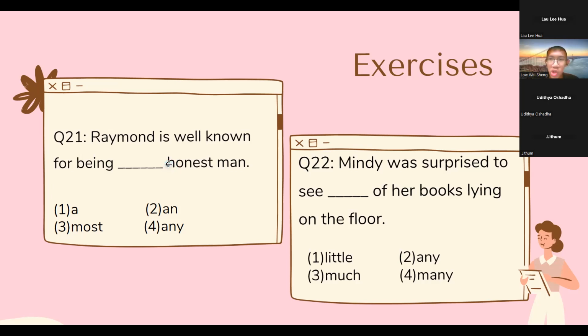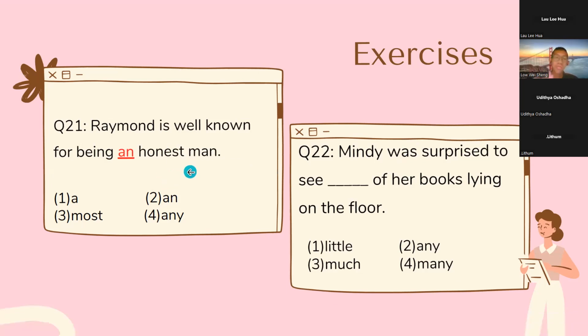Because it's a silent H, you treat it as if it starts with a vowel. And so the answer is "an," because you use "an" for words that start with a vowel. For those who picked "a," it's a completely understandable mistake. If you don't really know this word, you won't know that it's "an." So just remember, and don't make that mistake again.